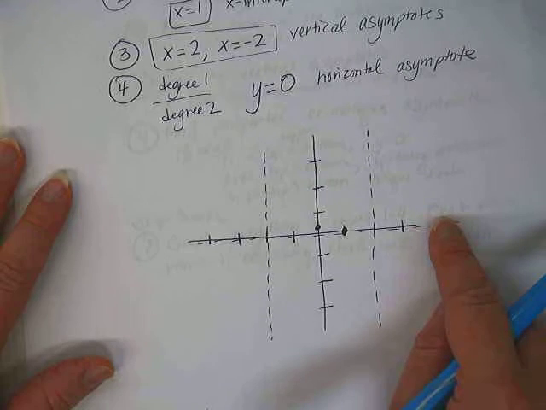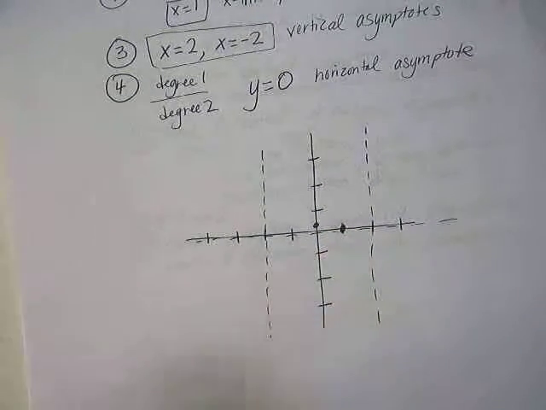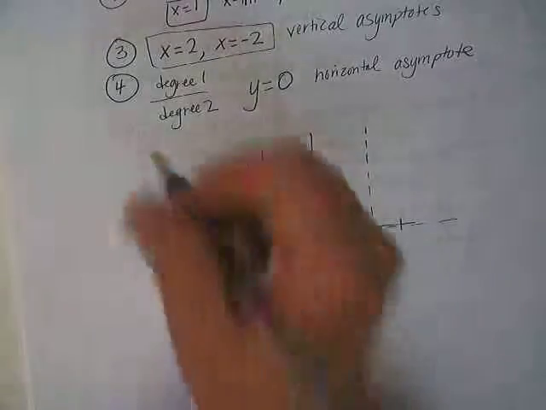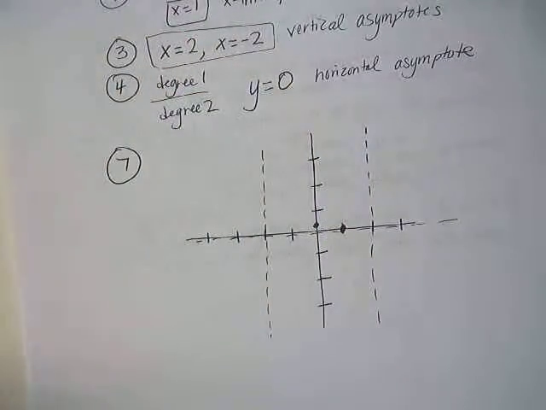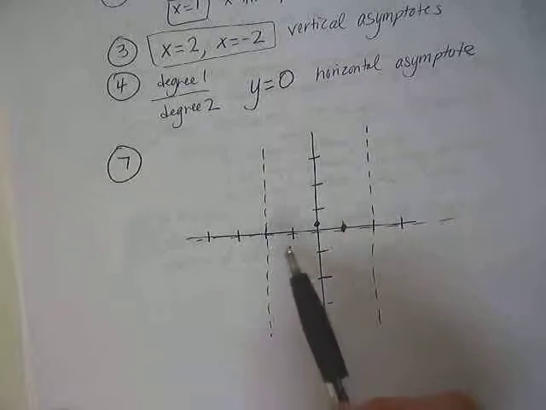What do you notice right here? Where is the x-intercept? It's on there. The x-intercept is on an asymptote. That is possible. It is possible for the graph to cross a horizontal asymptote. Now, do we really have enough points here to know what this graph looks like? No. So for step 7, I had you skip steps 5 and 6, which is kind of this next thing, only more complicated.